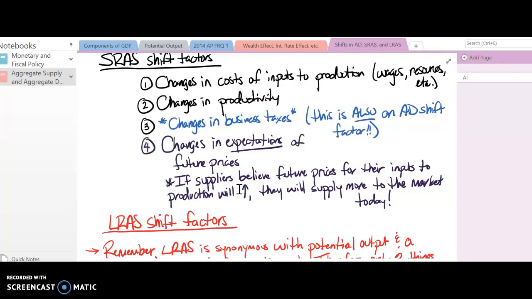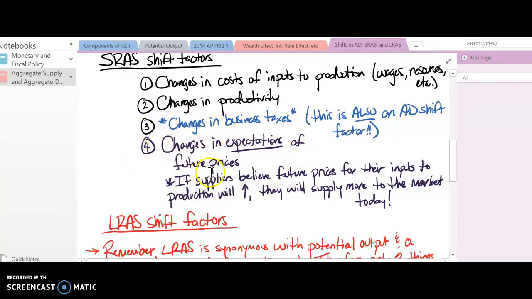But if everyone believes that the price of oil is going to skyrocket in 3 months, businesses think about that and say, I don't want to pay those higher costs later on. I'd rather increase my supply now while I can. So if we expect future prices for inputs to production to increase, businesses are going to supply more to the market today. That means the SRAS curve would increase and shift to the right.